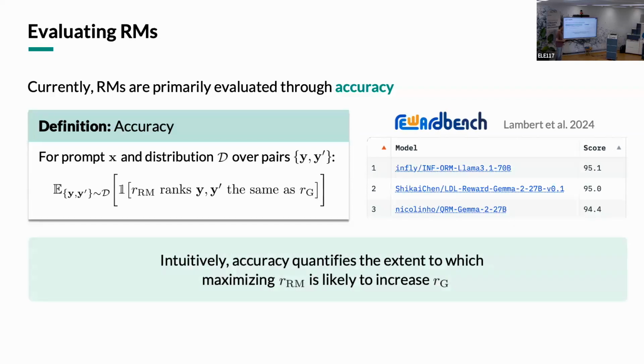Now, it's natural to look at accuracy because it intuitively quantifies how likely it is that, if we maximize our proxy reward model, we also increase the ground truth reward. If the reward model is very accurate, then responses that it considers to be good are likely also good under the ground truth reward. So it is natural that people measure the quality of a reward model through accuracy and try to perhaps select which reward model to use through these types of benchmarks.